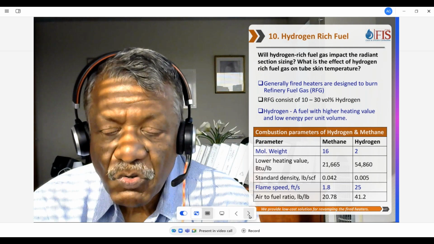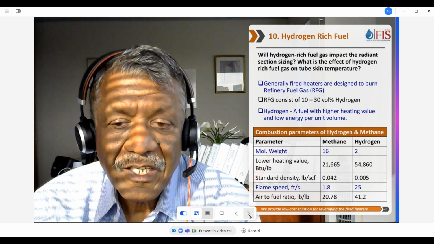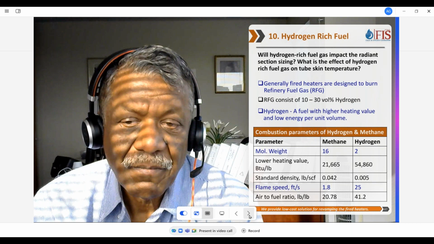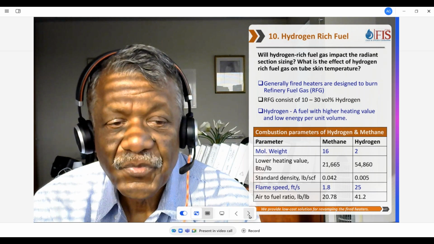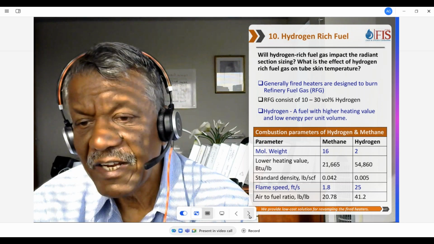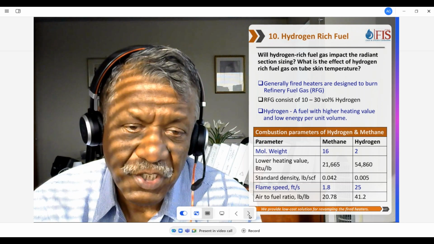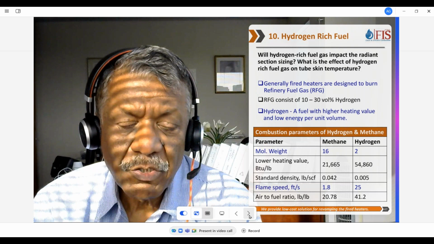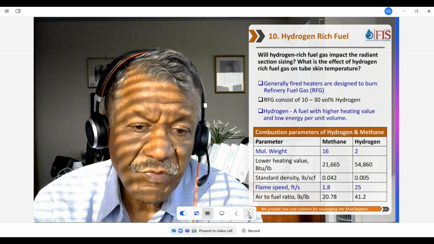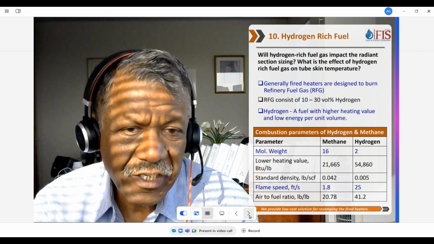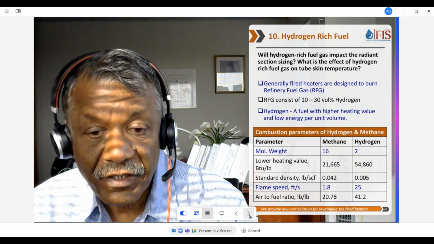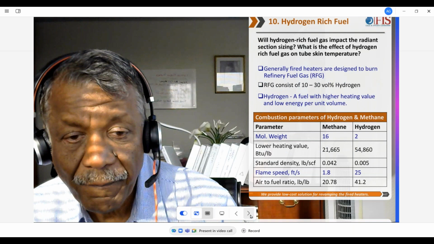So one good thing is the flames will be much shorter because the flame speeds are much higher. So you will get very short flames with hydrogen, which is a good thing. Your air to fuel ratio we require per pound, you will see it really won't make much difference when it comes to hydrogen.